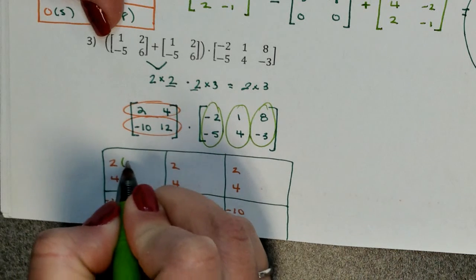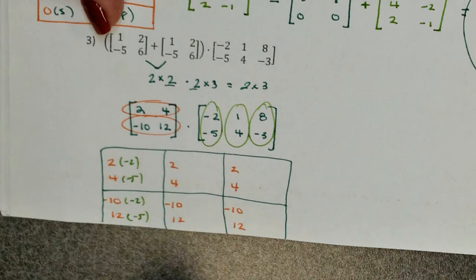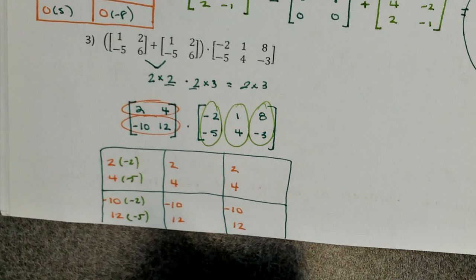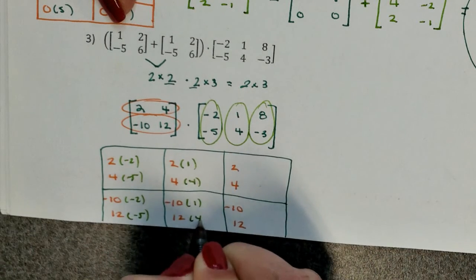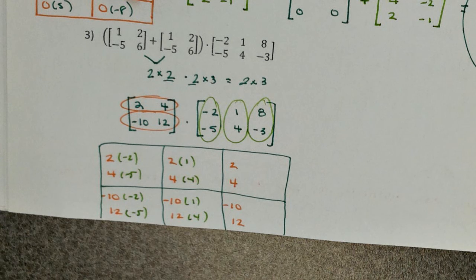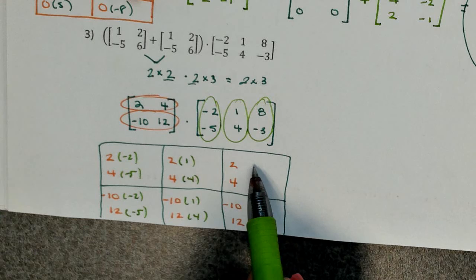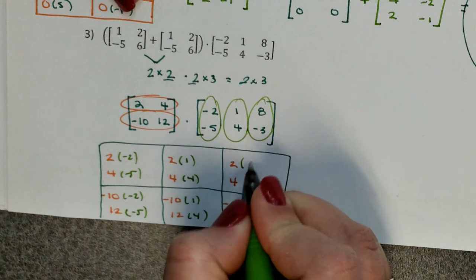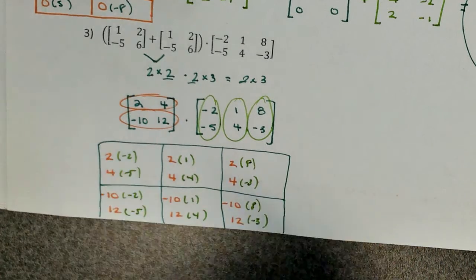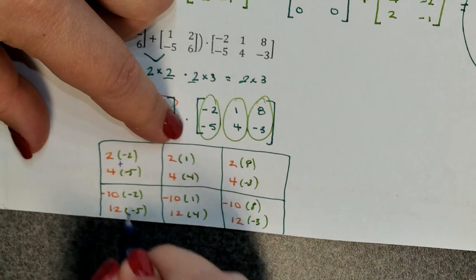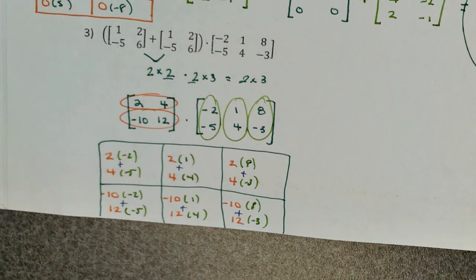Negative 2, negative 5. Middle row, what numbers are we using? 1 and 4. Last row, what numbers are we using? 8 and negative 3. Okay, remember you're taking each of those pairs, multiplying them, then adding it with the other pair. So from there, you can just put it right in your calculator.